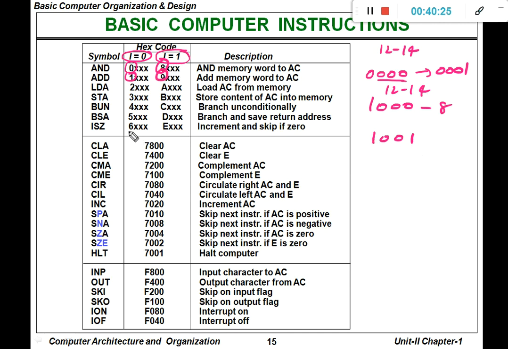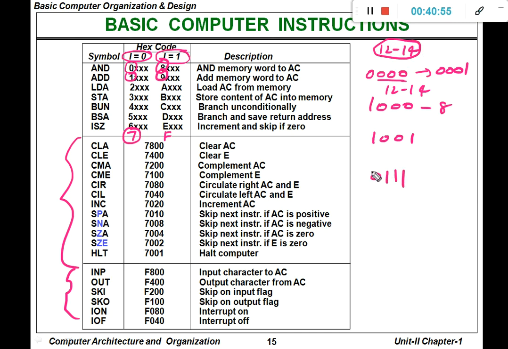However, here you can see that 7 is not there. F is not there, because those two are reserved for register reference instructions as well as input output instructions. So how would we get 7? We get 7 if bits 12 to 14 are made as 111. So these 111 bits are reserved for register reference instructions.